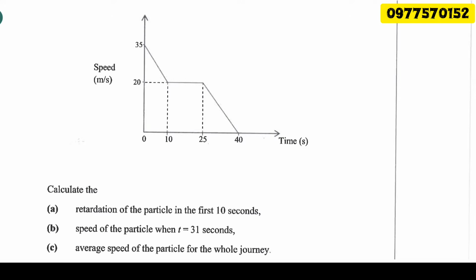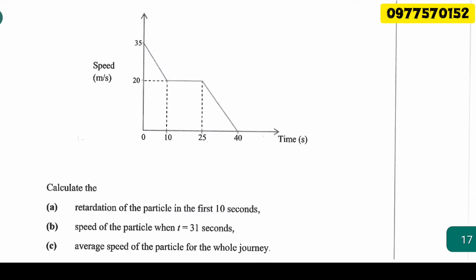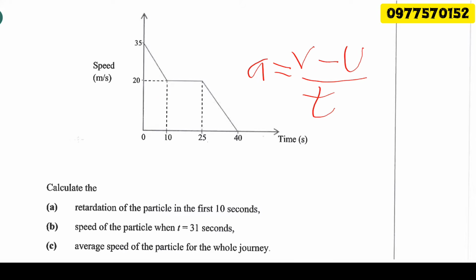So we're going to say acceleration is equals to final velocity minus initial velocity over time taken. Then we are going to substitute where there is v, we are going to put the final velocity. So the final velocity is 20. 20 minus the initial velocity is 35. Over time taken, it is 10 what?